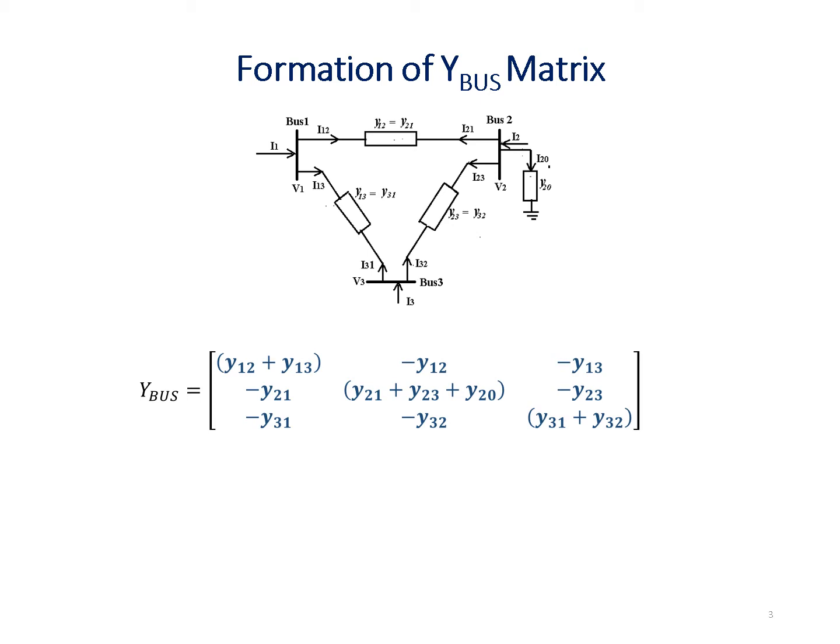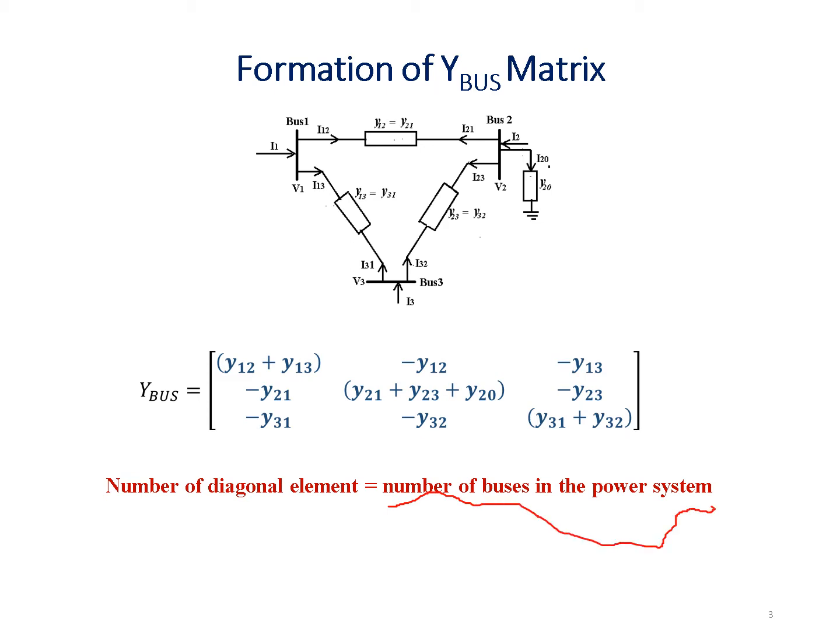Now you will see the number of diagonal element in this Y-bus matrix is equal to number of buses in the power system, and here this number is equal to 3 because number of bus in this power system is equal to 3.